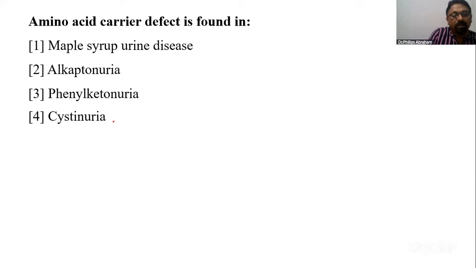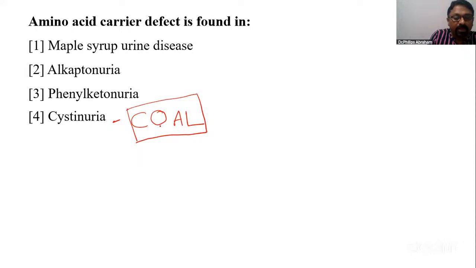Cystinuria is nothing but 2 cysteine molecules combined to form cystine, that is there in the urine. And here, understand this way, we have a transporter for cystine, ornithine, arginine, and lysine, a transporter that helps in the absorption and reabsorption of these 4.